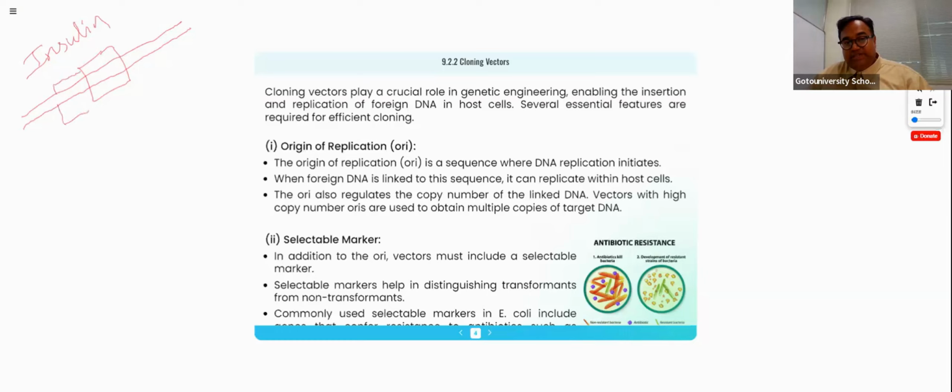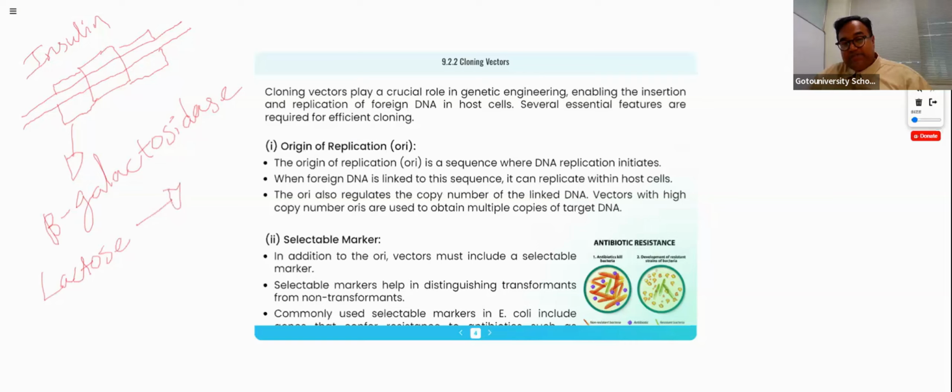The insulin gene is incorporated within the gene which is responsible for making the beta galactosidase enzyme. Beta galactosidase enzyme is very important for the E. coli to survive, by breaking the lactose into glucose and galactose.